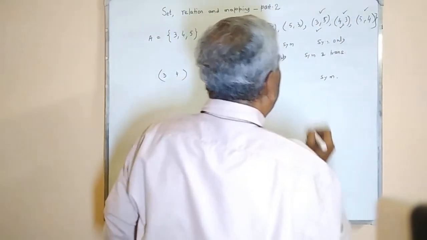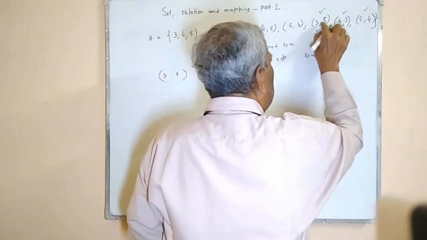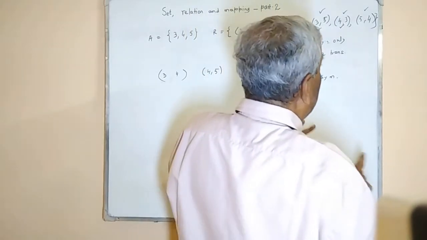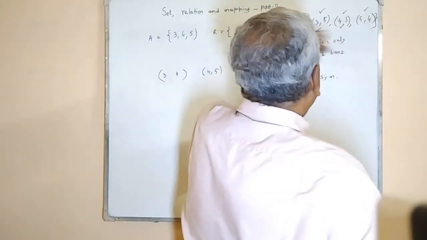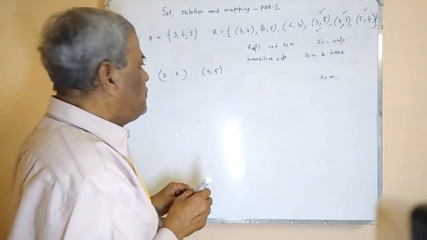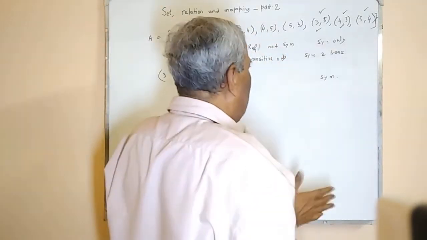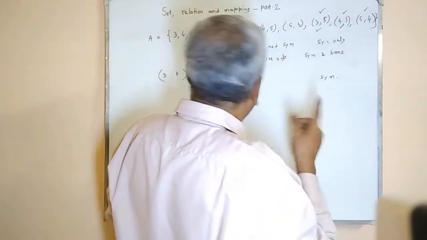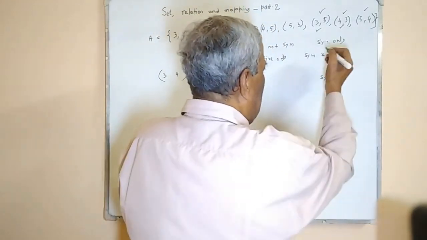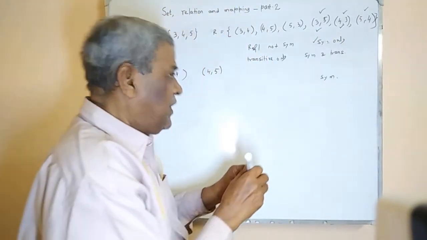Yes, it is there. Now (5,3), then (3,5), so (5,5) must be present. (5,5) is not there. So it is not transitive. Then we get it is not reflexive, it is symmetric, but not transitive. So our second option is correct, symmetric only.